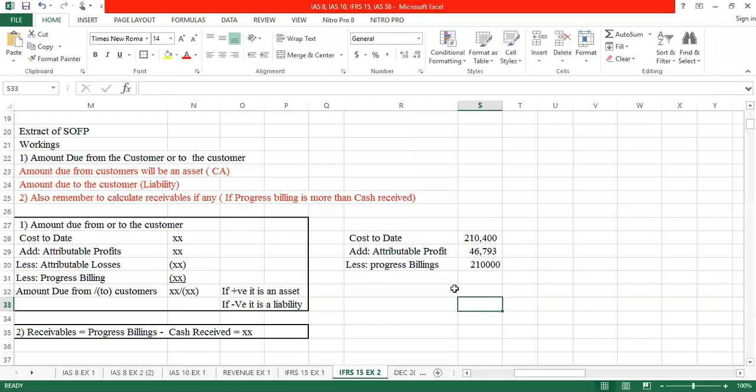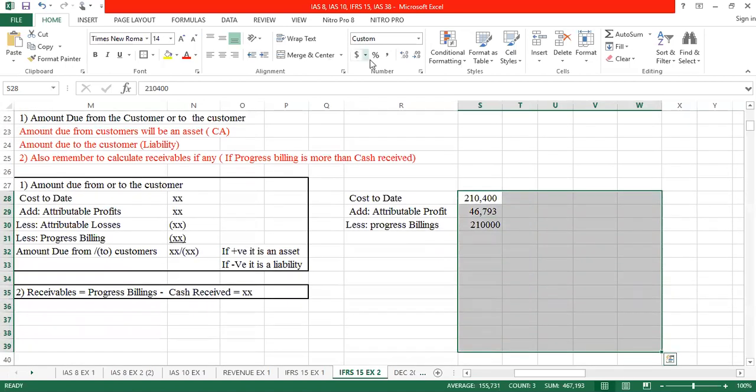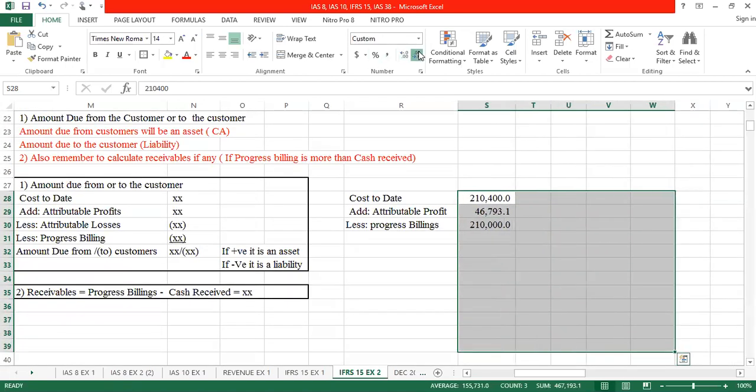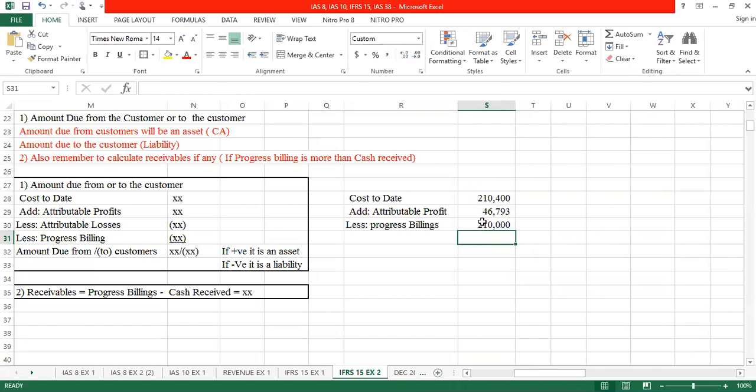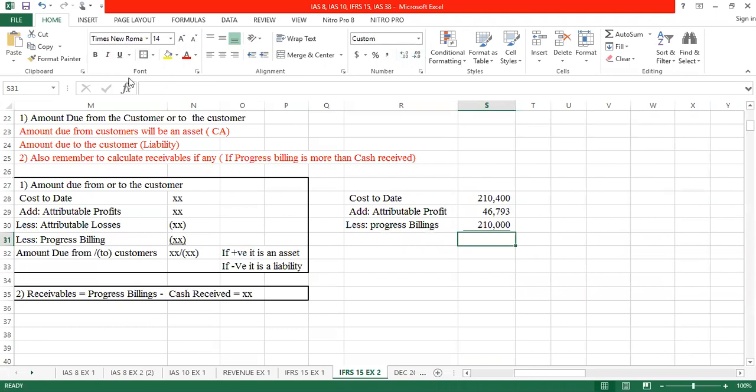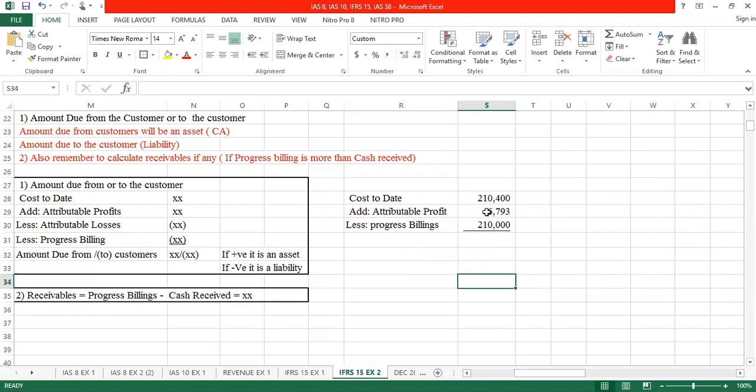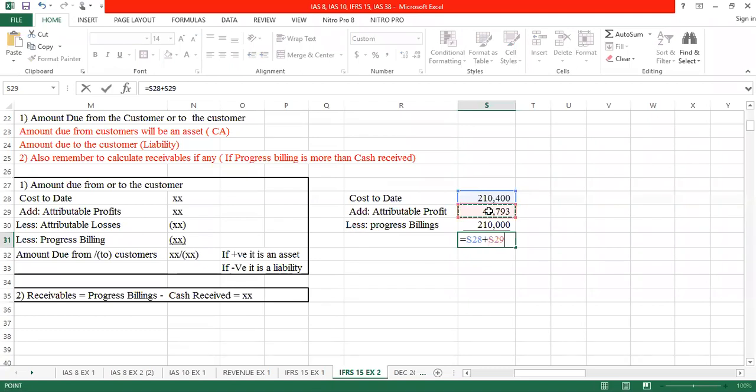So is it an amount due to or from? Somebody help me. Let's test before I say that. 210 plus 46 minus 210 gives you 47.